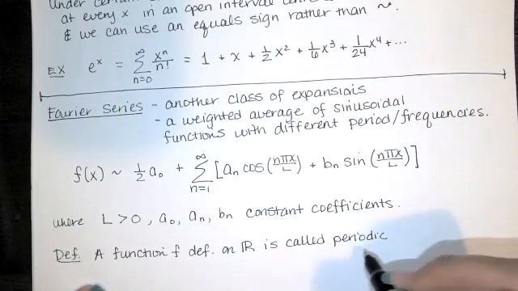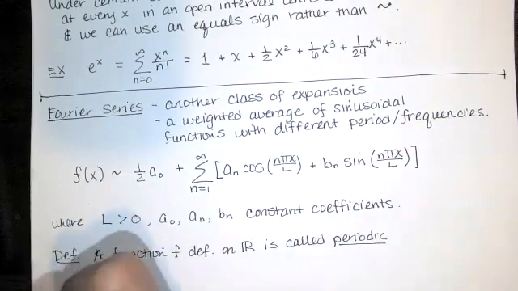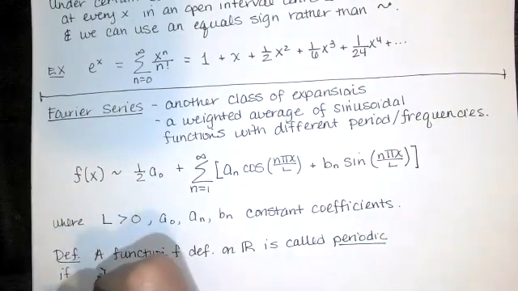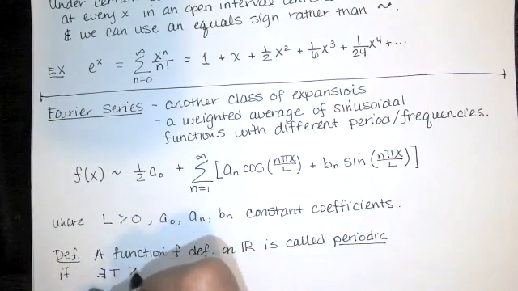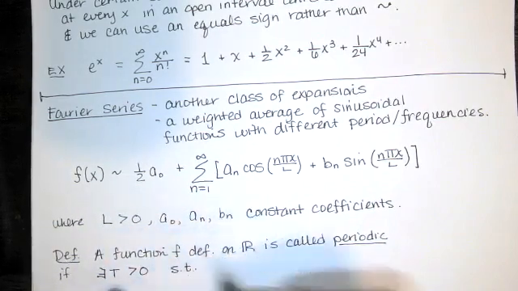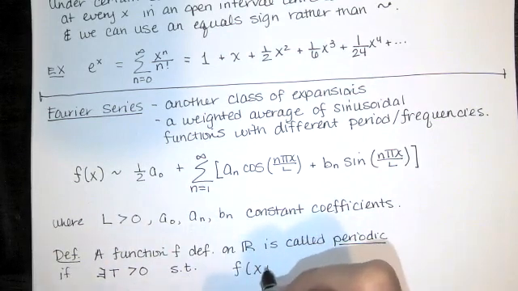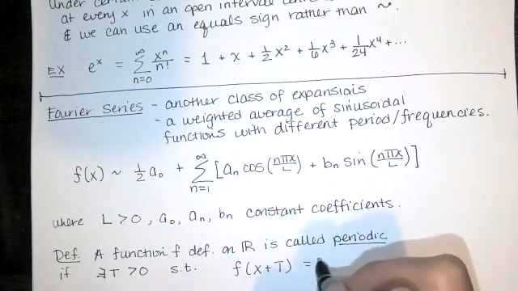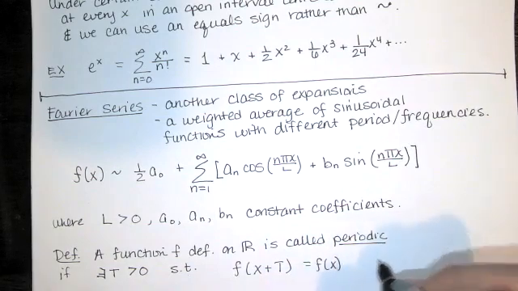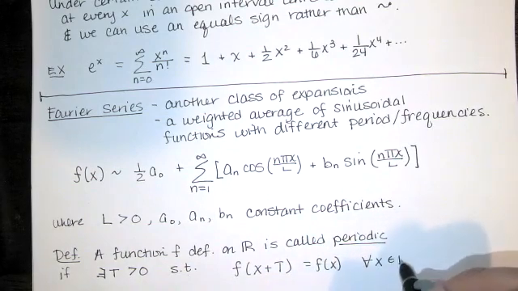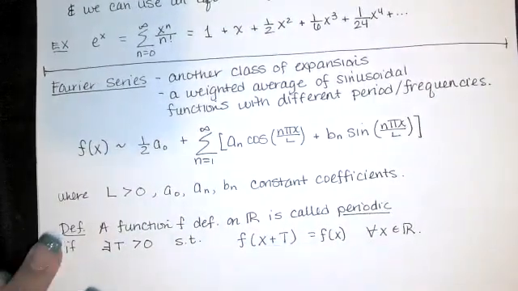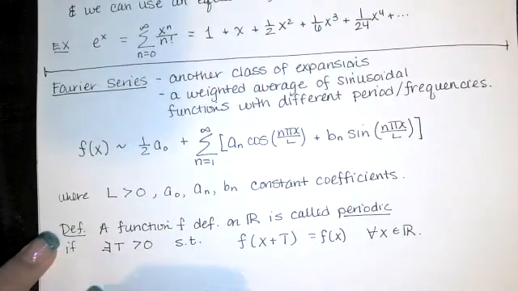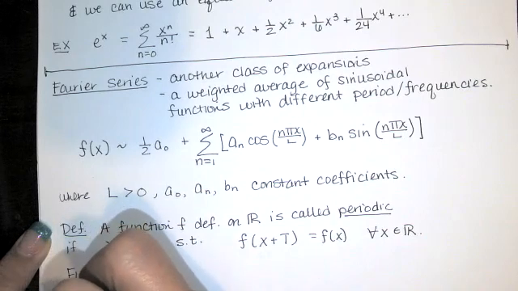It's periodic if there exists a t greater than 0, and that backwards e means there exists, such that f of x plus t is equal to f of x for all x in the reals. The smallest number t for which that is true is called the fundamental period, or just the period of the periodic function.